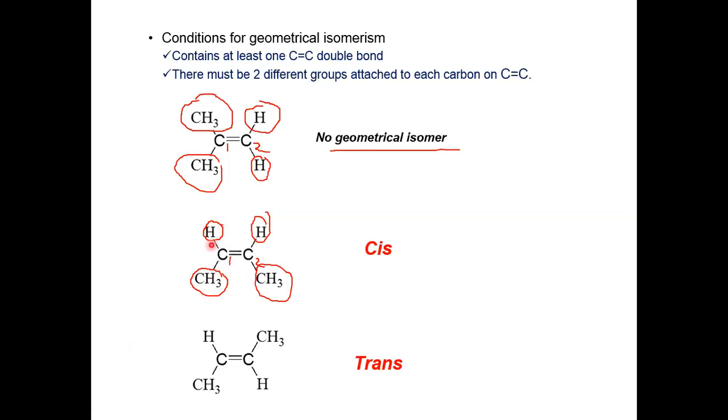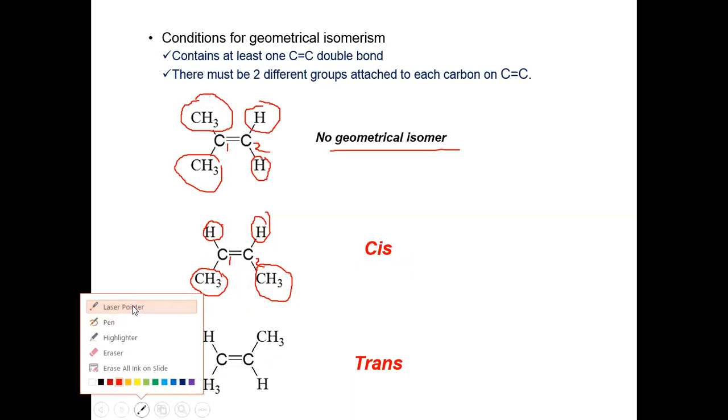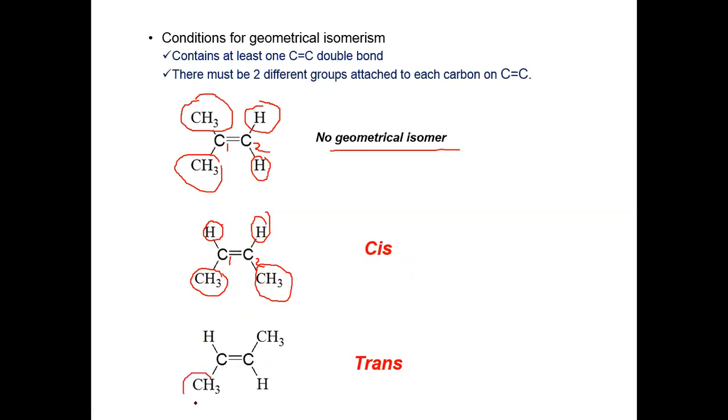This is methyl, this is hydrogen. So carbon 1 has two different substituents attached to it, and the same goes for carbon 2. So when you have both methyl groups on the same side, this is a cis isomer. This one is also the same: you have different substituents on the same carbon, carbon 1, carbon 2.